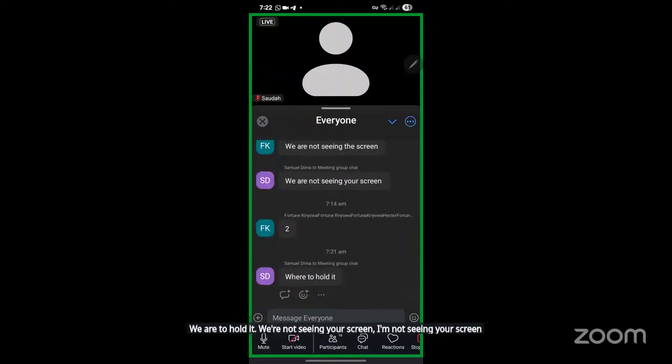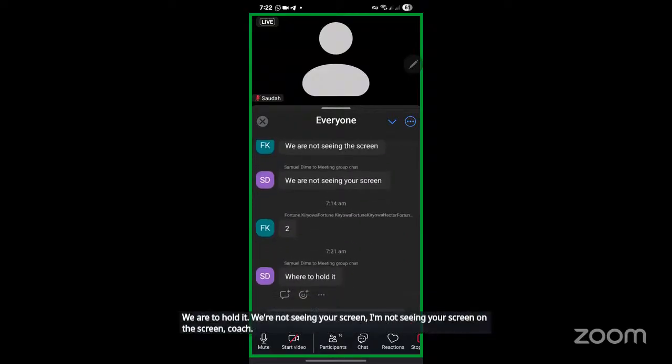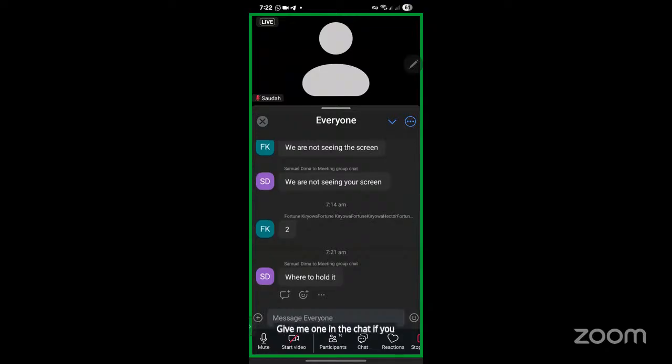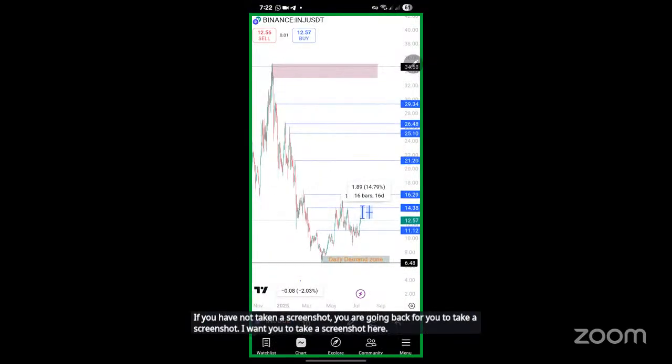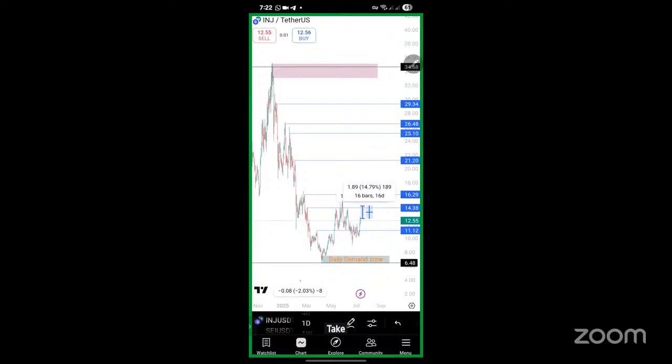No screen, coach. Give me one in the chat if you have taken a screenshot. If you have not taken a screenshot, go back and take a screenshot. I want you to take a screenshot here, such that you can easily see that this area was tapped.